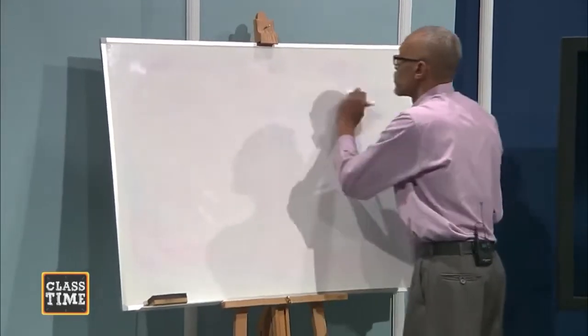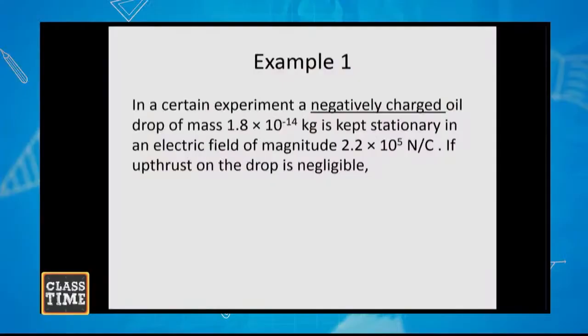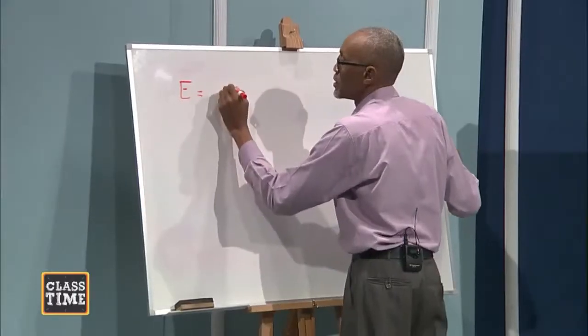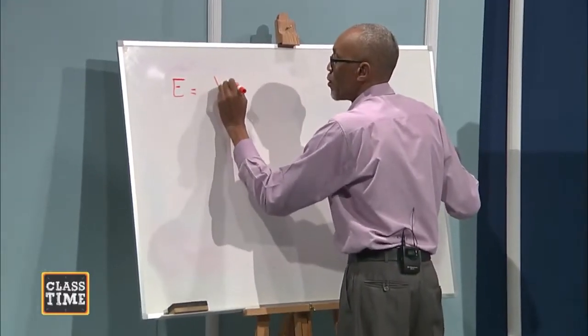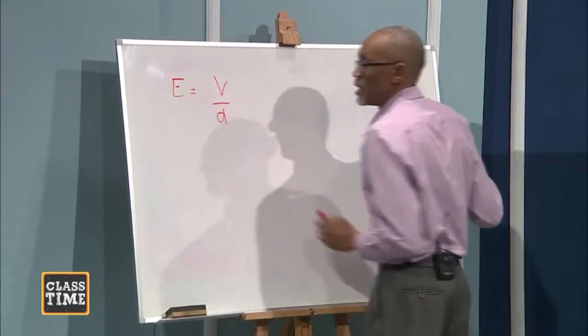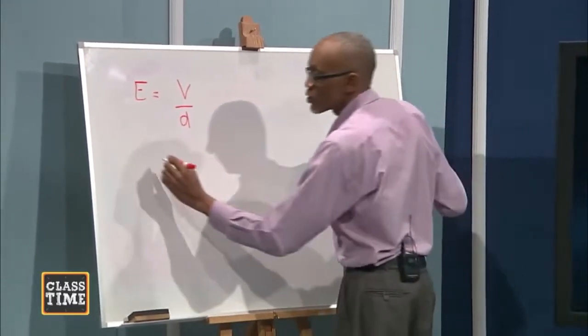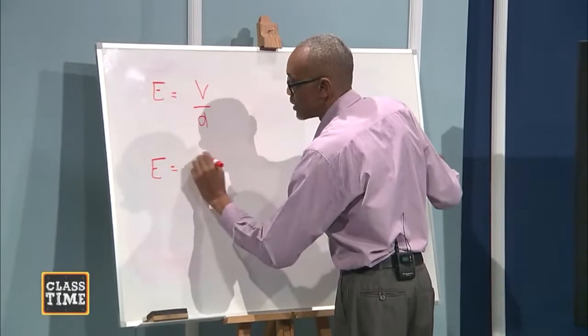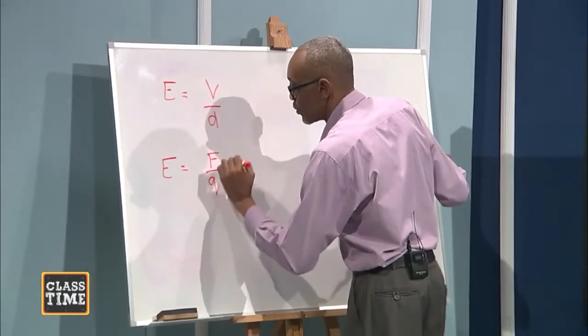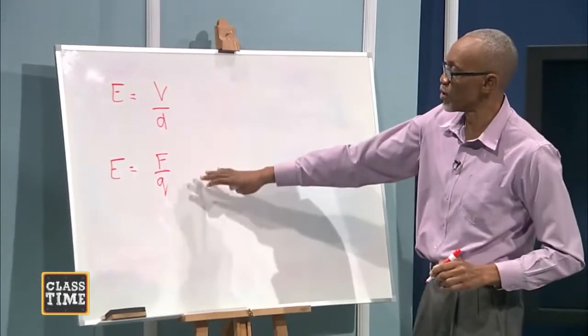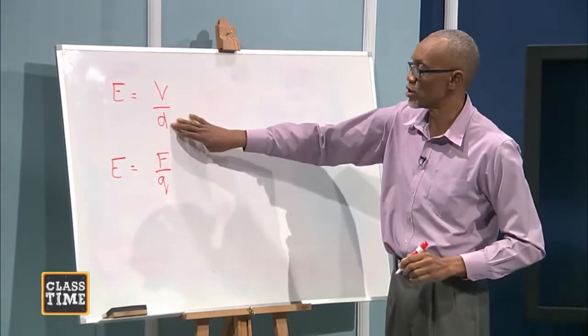Now remember, if we look back, we had said that electric field is equal to V over d, all right? And we also showed that electric field is F over Q, force per unit charge and voltage over distance.